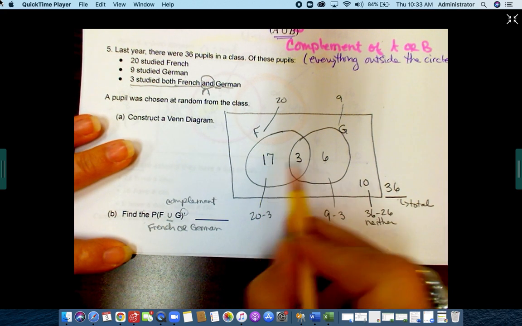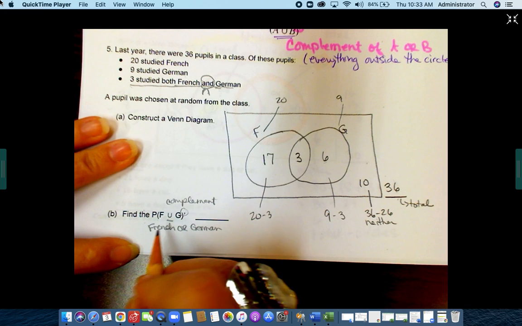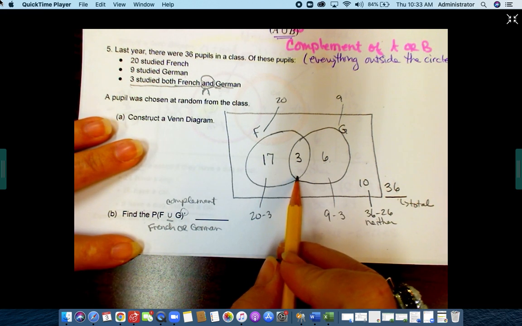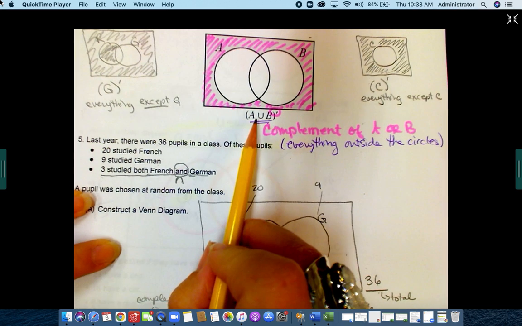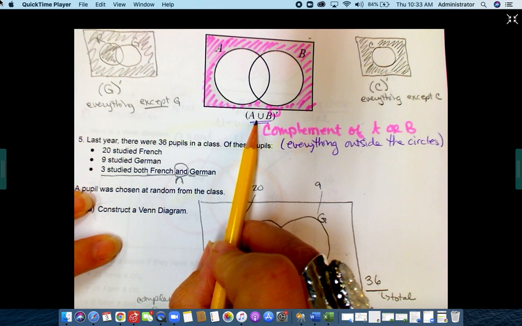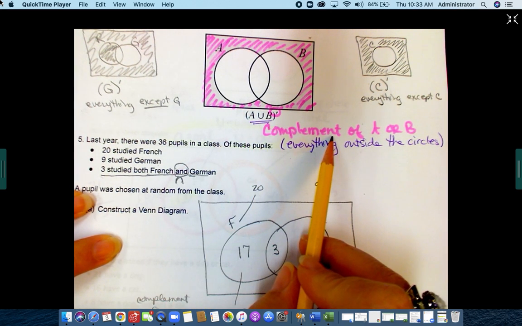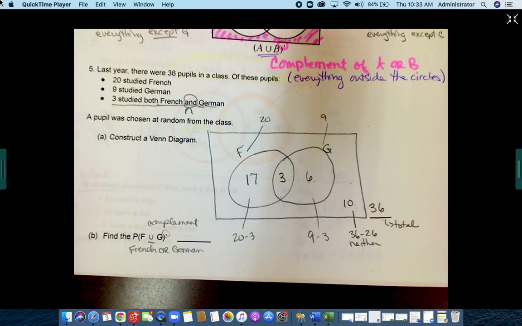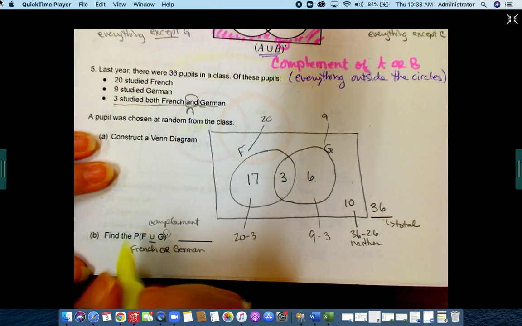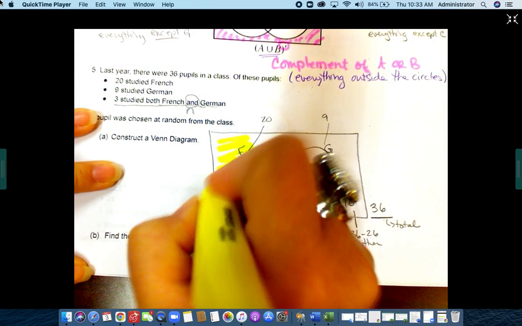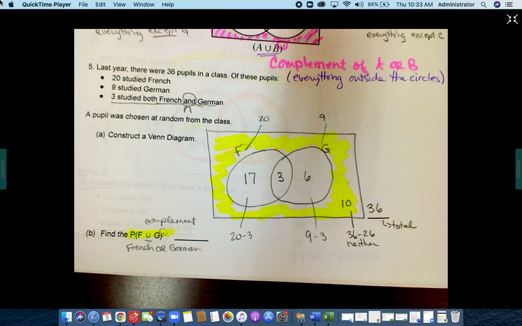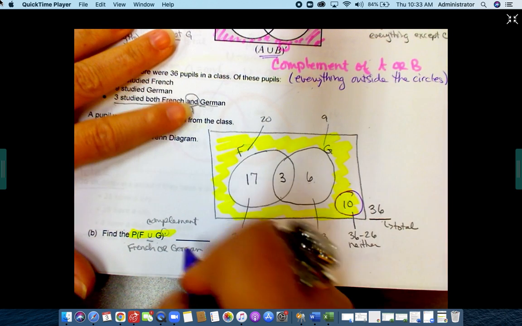So if we consider that, the complement is those not in the circle. So remember up here, we said that this is A or B. So the complement would be everything outside the circles. So again, this complement, I'm going to highlight this in yellow, is going to be any number that is not in the circle. Well, how many are not in the circles? 10.